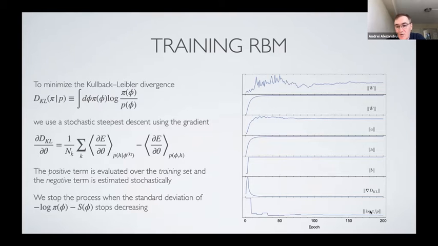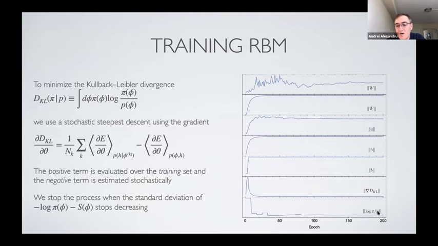I should also mention that for this particular case, we can also look at the variance of the probability distribution of the Boltzmann machine compared to the QFT over the training set.